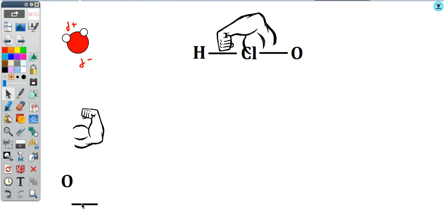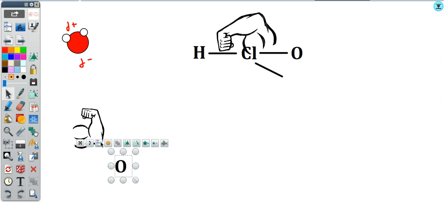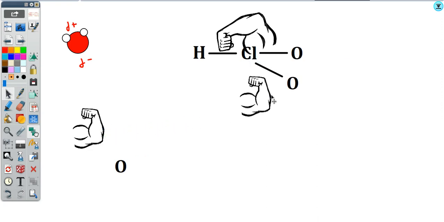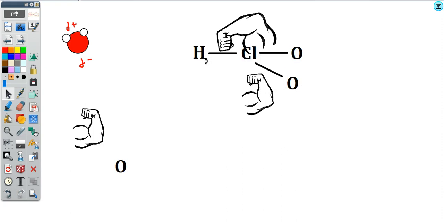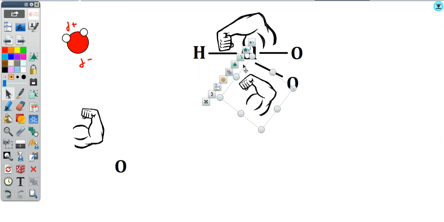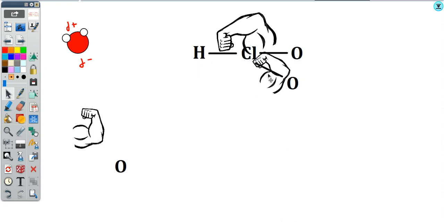In some of the other oxyacids, for example, HClO2, we've got an extra oxygen, right? And as you add additional oxygens, they are pulling more on that bond that's holding together the hydrogen, right?